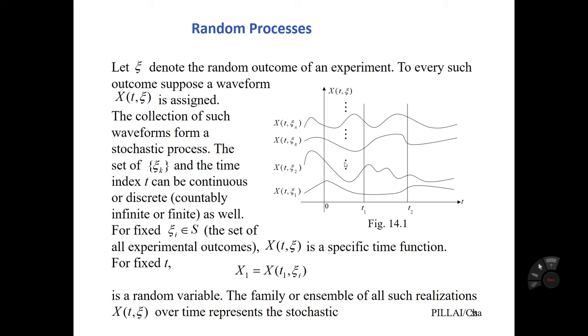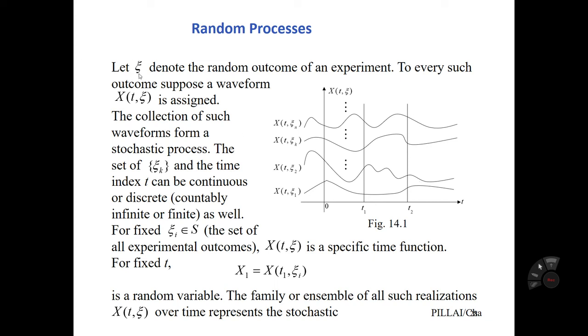So these are random, not that have a similar shape. Time 0 has a different shape, time 1 has a different shape, time 2 has a different shape. So these are random shapes, not the same.